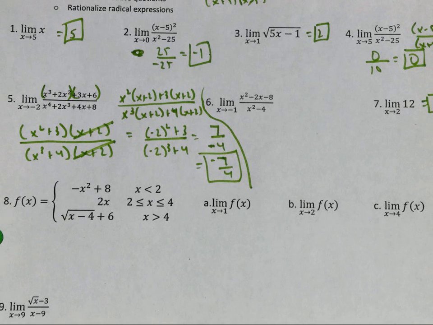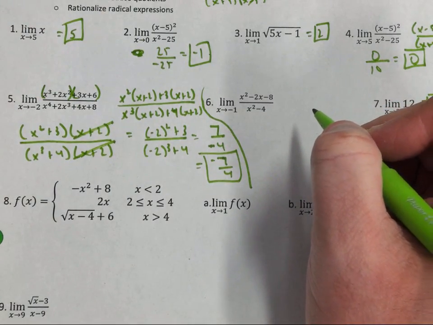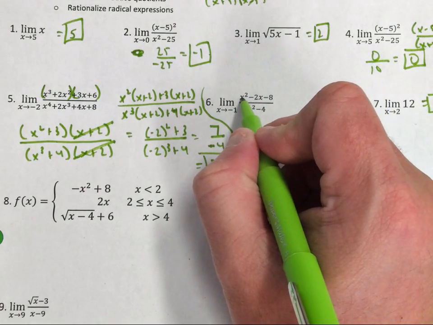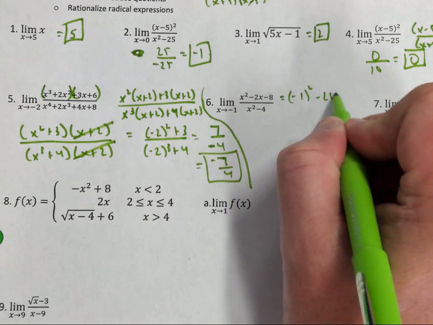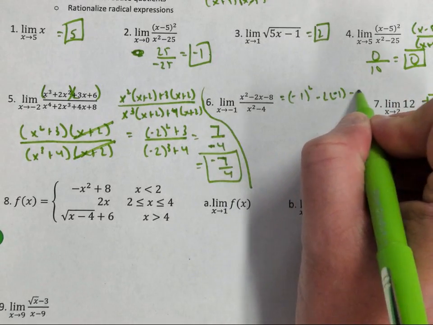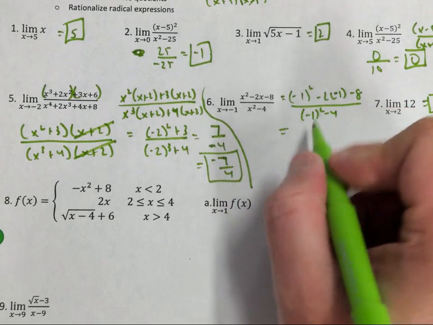All right, number 6. What's my first line of defense, guys? Direct substitution. If I plug negative 1 in here, am I getting 0 in the denominator? No. So I can do direct substitution on this one. So negative 1 squared gives me 1.